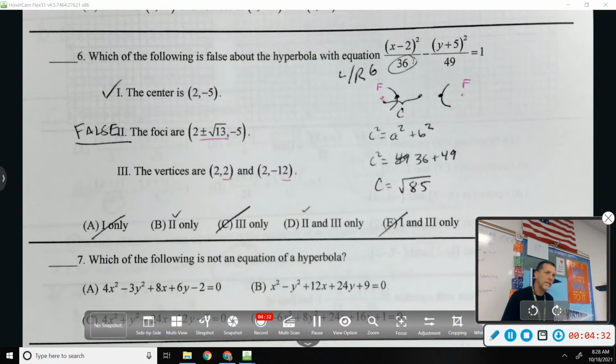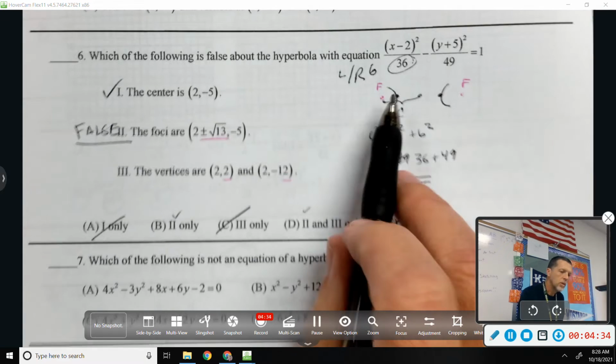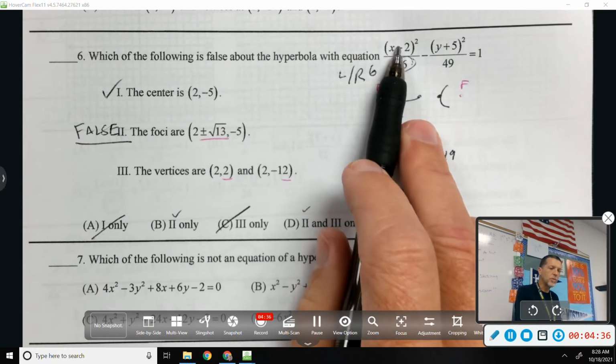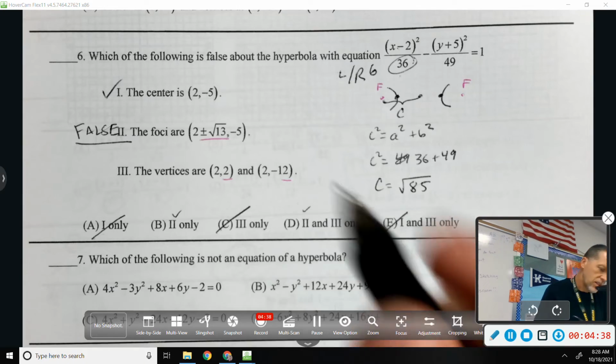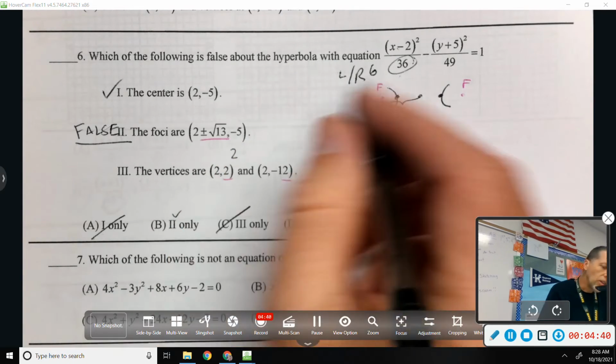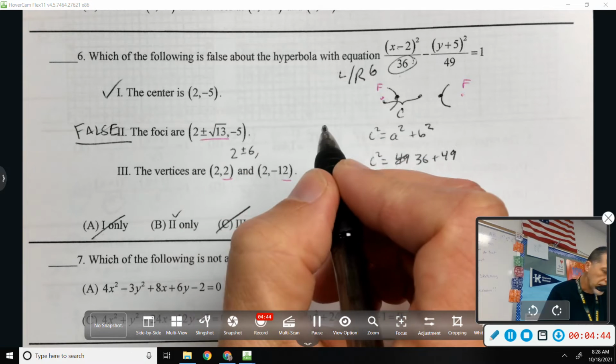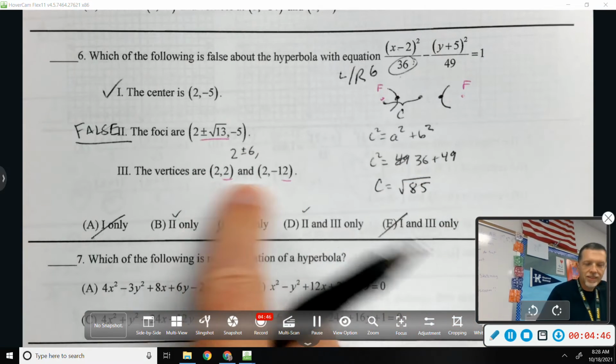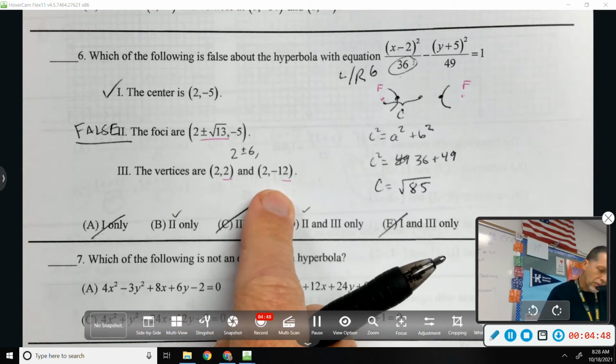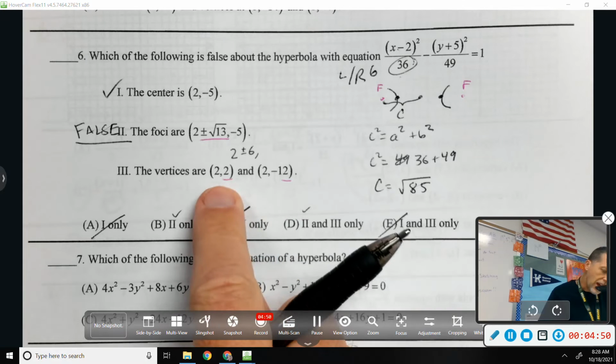Like x would be the one changing. So we're going to go left and right 6, and those will be the vertices. And the y doesn't change. All the y value stuff should be the same. So 3 can't be right, because we're supposed to add and subtract 6 from the x coordinate.